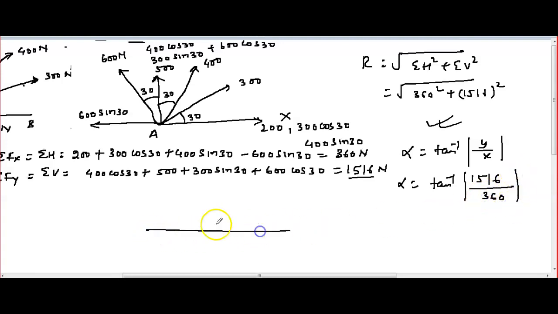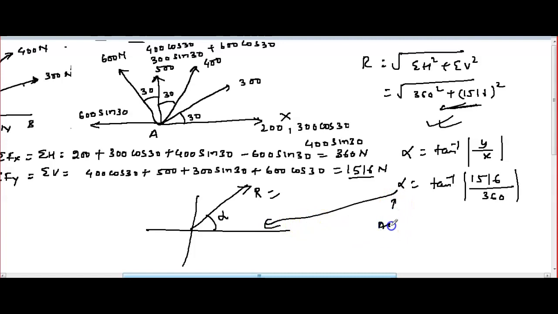Finally you can represent it here, with the value of the resultant and the value of alpha. Alpha is the angle of the resultant along the x axis. Any doubt till here? Okay, so we'll do the next question.